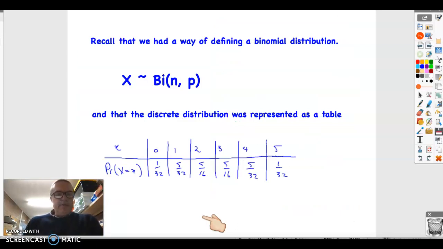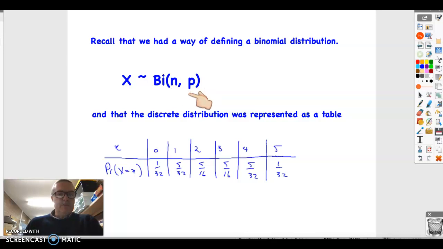Before we look at how we define a normal distribution or a normal variable, let's recall how we used mathematical notation to define a binomial distribution. So we used some sort of code to say that it was binomial, BI, and we identified 2 parameters that define that function.